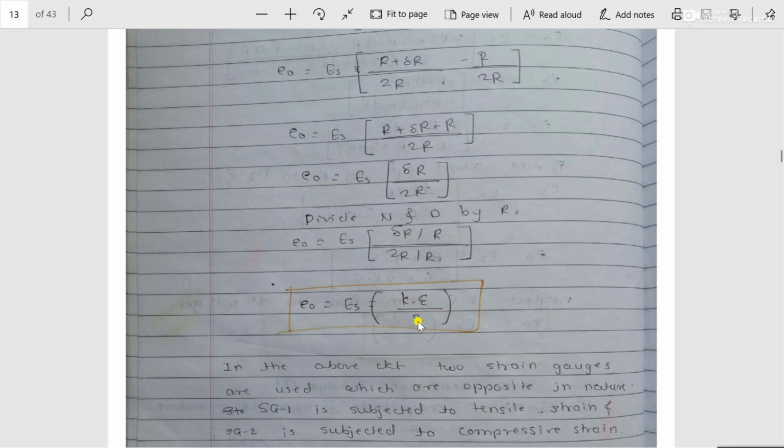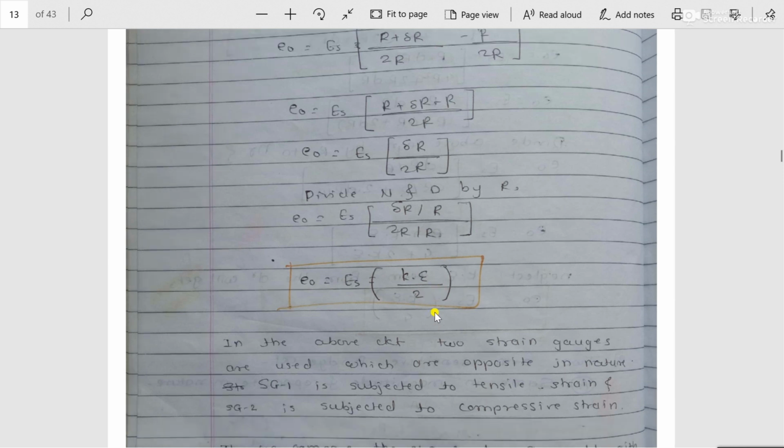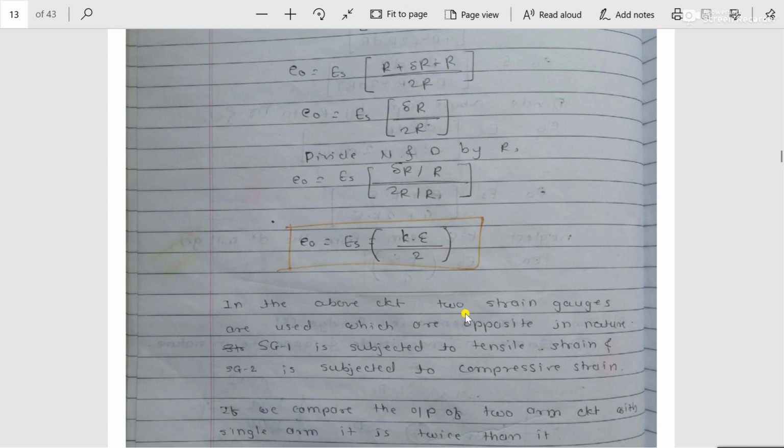So this 4 is the divisor for the single arm sensitive bridge circuit, but for the two arm sensitive bridge circuit this dividing factor changes, and the equation becomes E0 is equal to Es in bracket k into epsilon divided by 2. So from this comparison it is clear that the output of the two arm sensitive bridge circuit is twice that of the single arm sensitive bridge circuit.